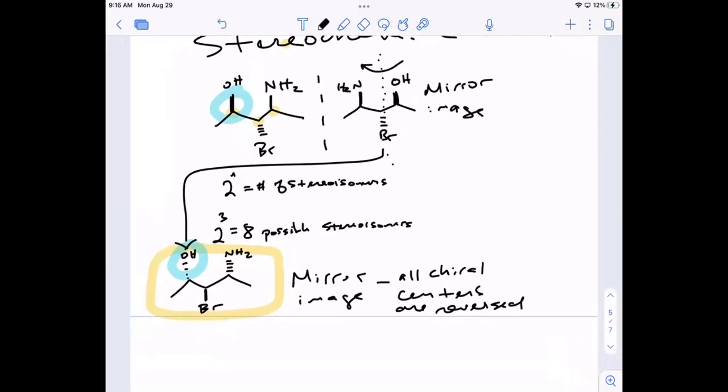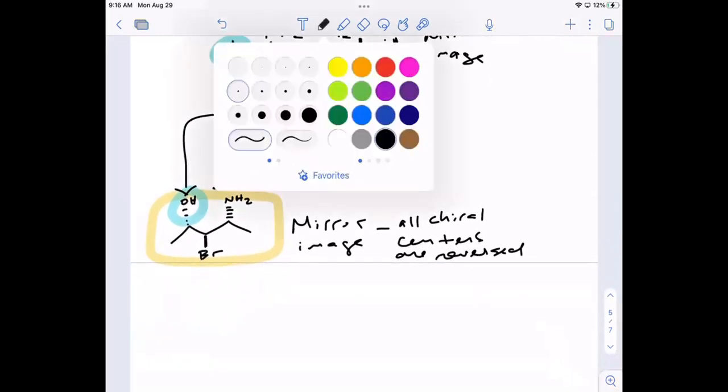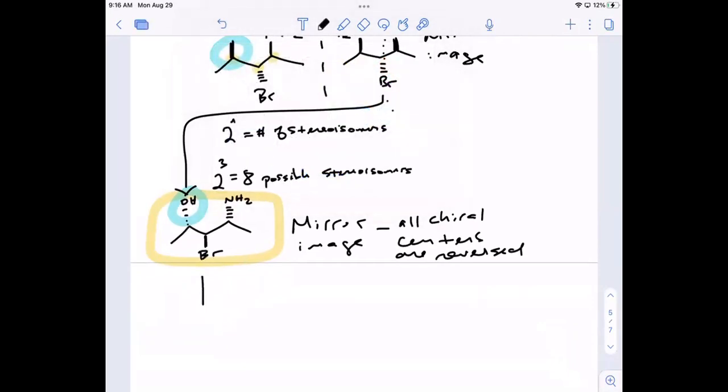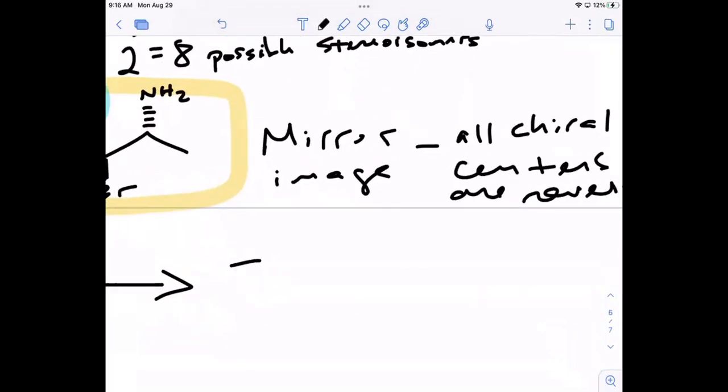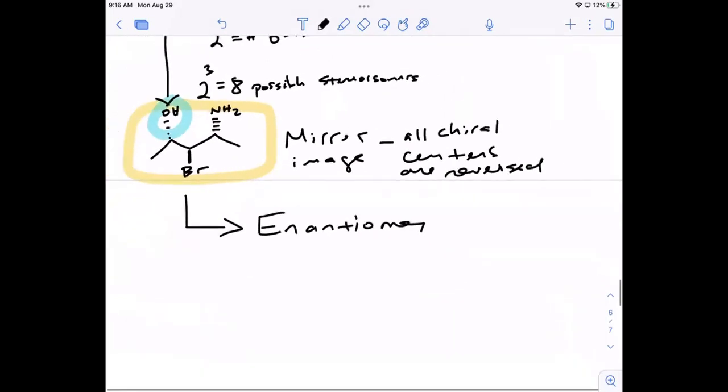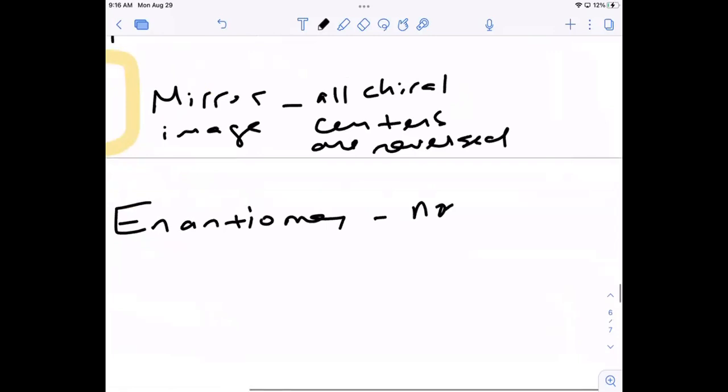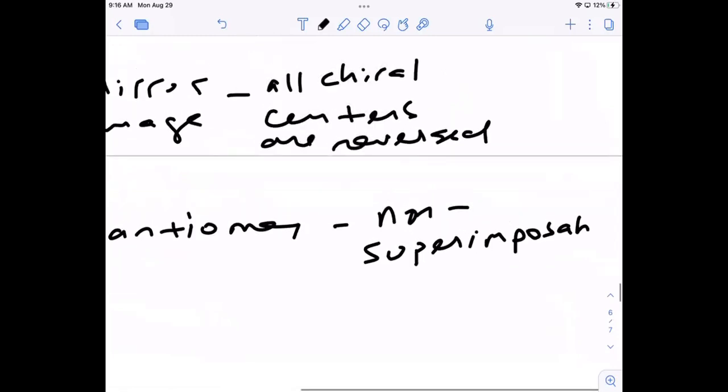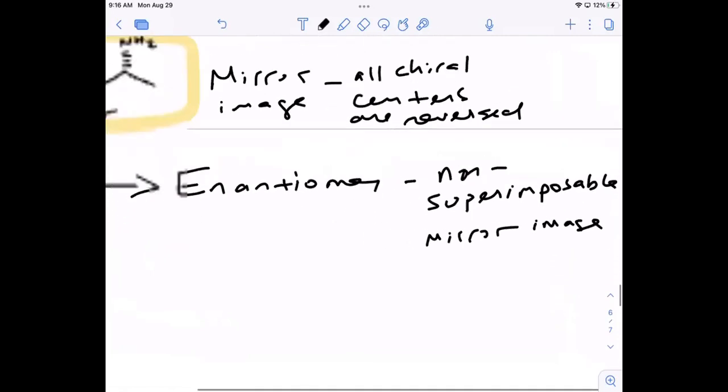So with the mirror image, this is a defined stereoisomer. We call the mirror image the enantiomer. That is a non-superimposable mirror image. Non-superimposable mirror image.